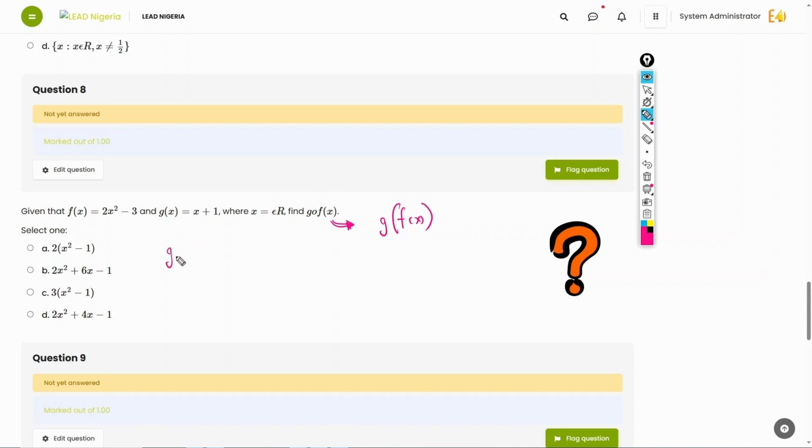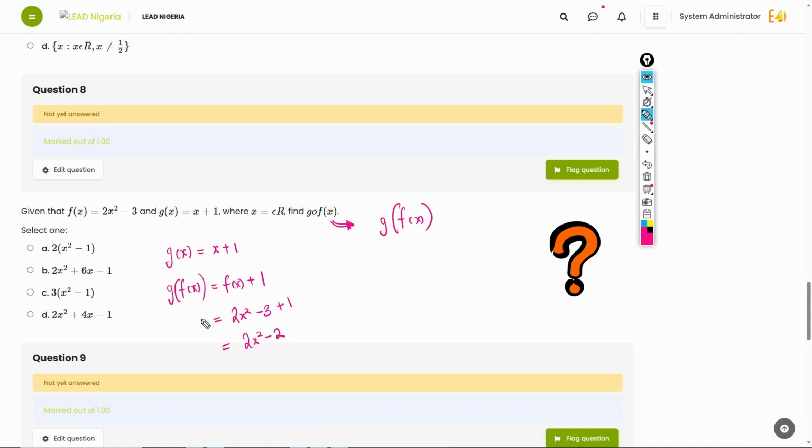All right, so what's g of x? g of x is equal to x plus 1. So g of f of x would be, in place of x, I'll put f of x, right? So that'll be f of x plus 1, which would be 2x squared minus 3 plus 1, which is 2x squared minus 2.